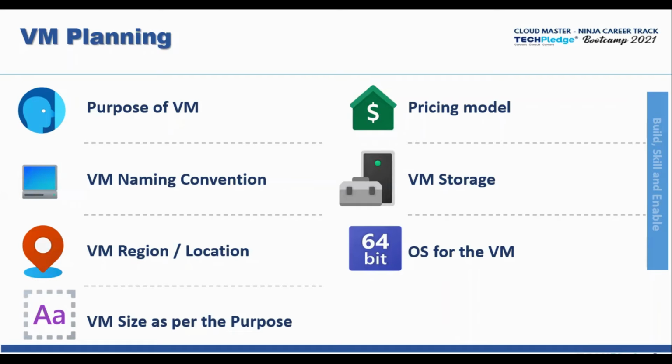As per our requirement and what we want to work on, the OS should be selected. After all this, VM updating and patching is to be done. All this comes under VM planning. It will be automatically updated and patched as per the requirement. So here we stop, and next we'll go to the next module.